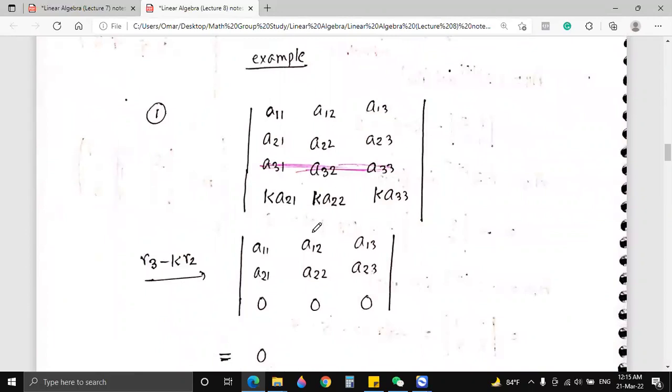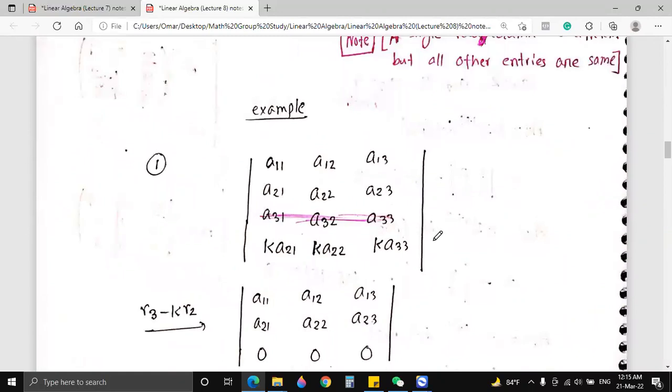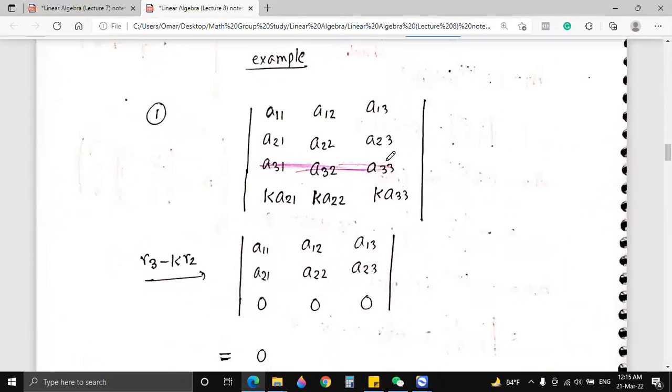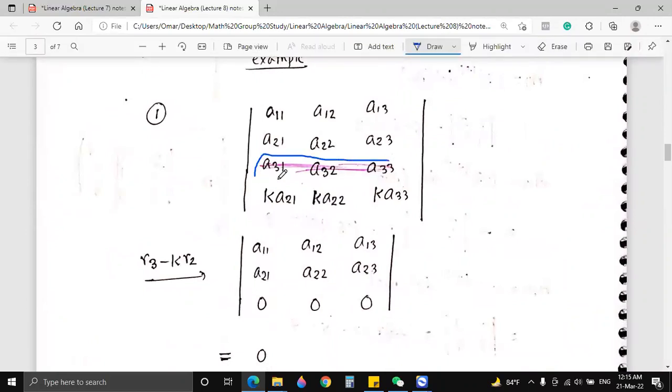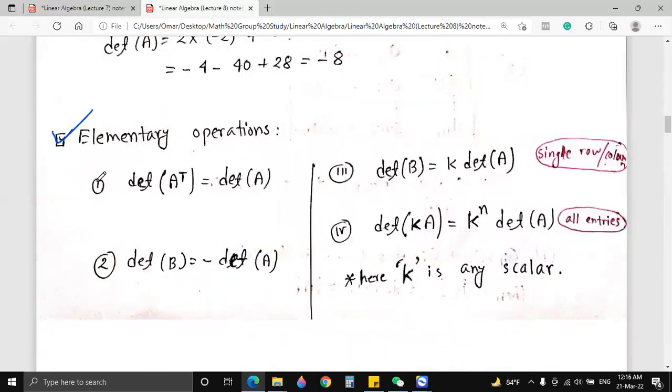So R3 minus K into R1. So it was like the same as we talked before, when we try to calculate some matrix, or when we try to find the solution of a matrix, or when we try to bring some matrix to RREF. Okay, so then this is our formula.